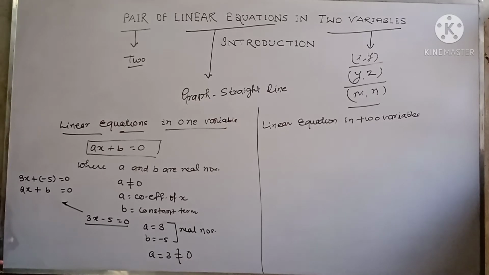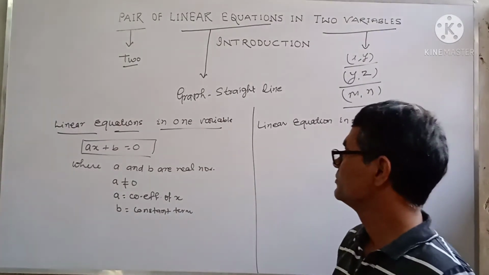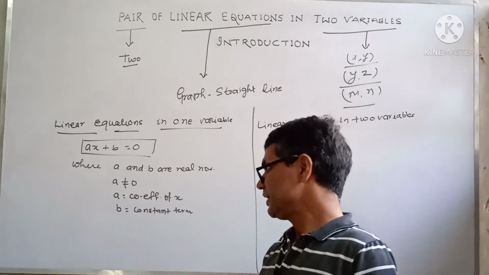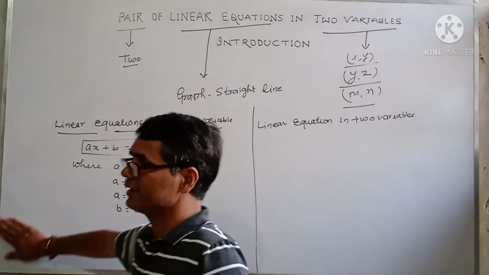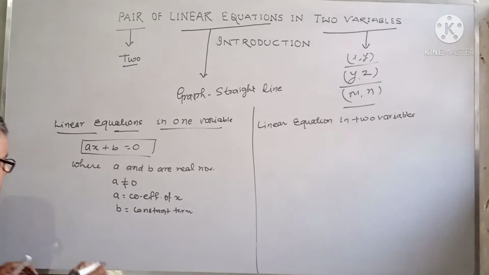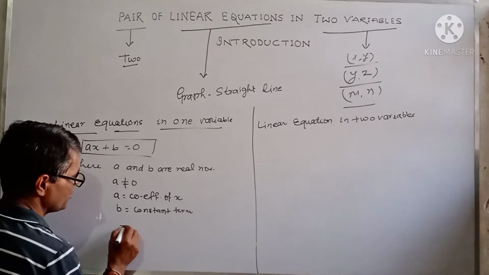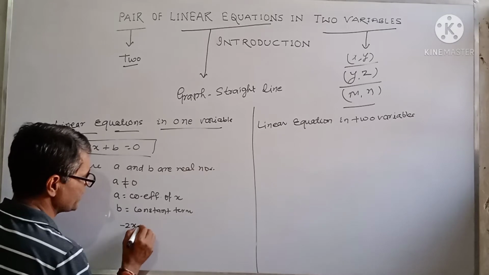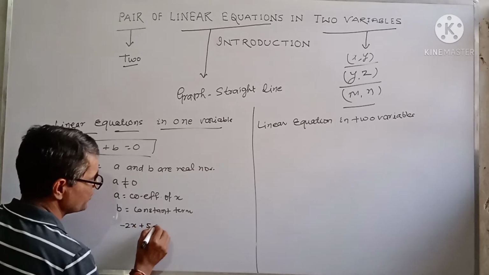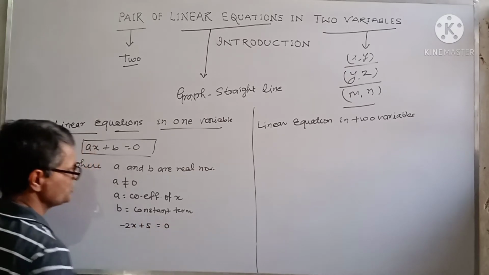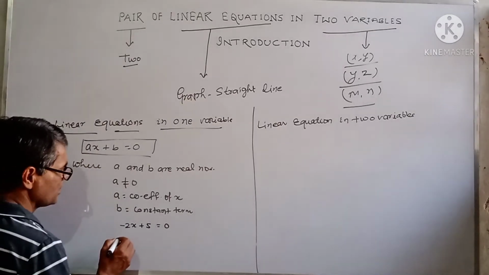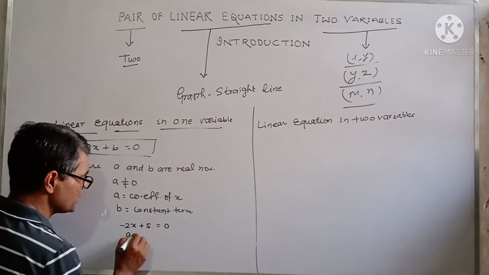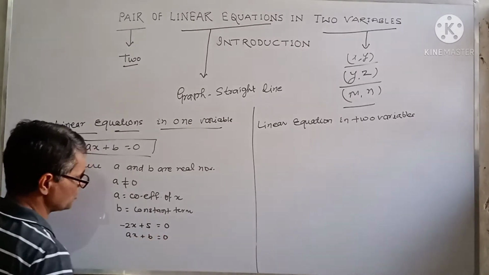Another example of linear equation in one variable can be given as minus 2x plus 5 is equal to 0. In this equation, you can compare with the equation ax plus b is equal to 0.